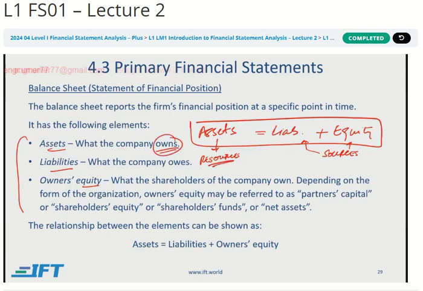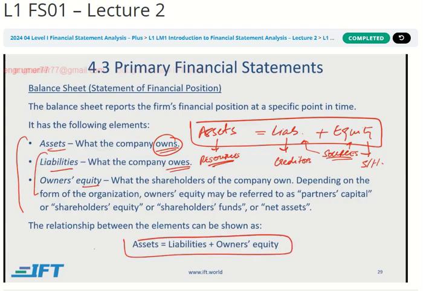So the assets are what the company owns, and the liability and equity, which were the sources of this capital, of course the company owes this back to either the shareholders or the creditors. And within the sources you have both liability and equity. So liability is owed to creditors, whereas your equity is owed to shareholders.